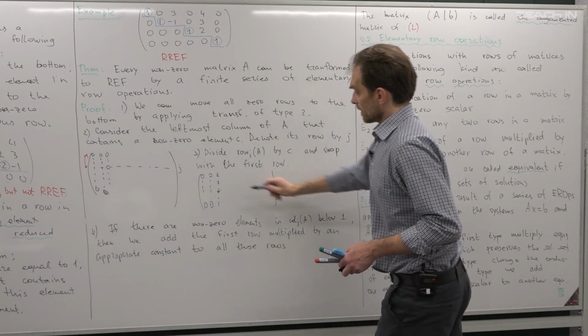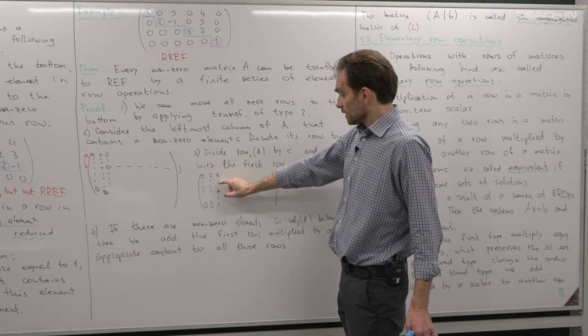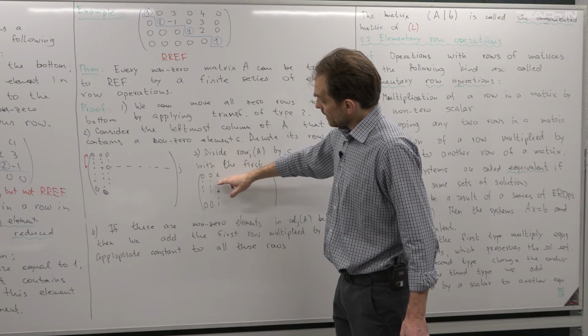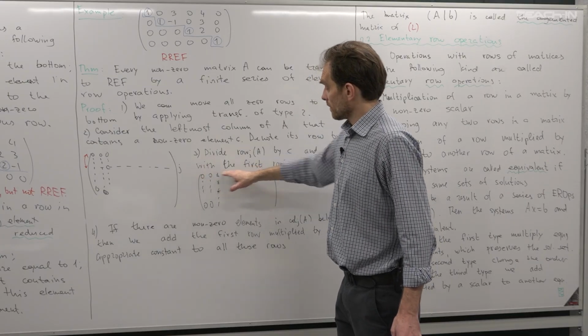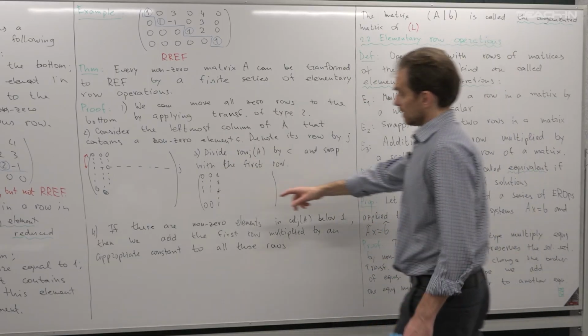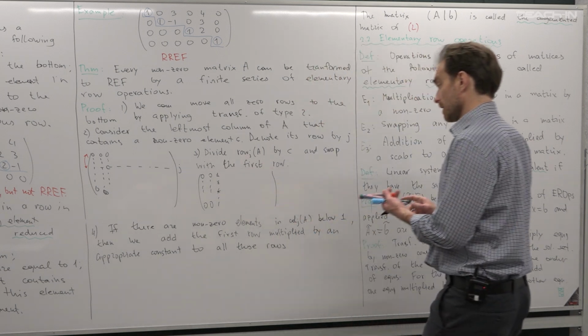Our aim is to get rid of all these elements. So, for example, if we have 2 somewhere here, we can just add the first row multiplied by -2 to this row, and this will transform our matrix into such a form that we will have only zeros there.